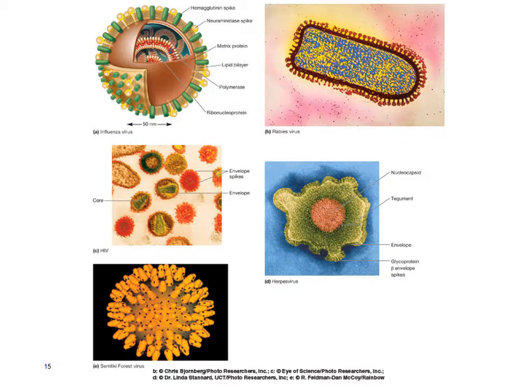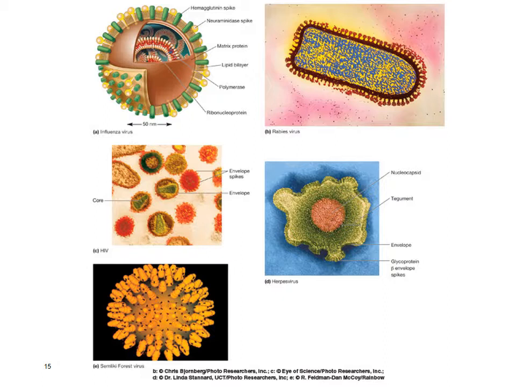Here we have some examples of enveloped viruses. In A, we have a schematic of the influenza virus, a very well studied example of an enveloped virus. The spikes project about 10 nanometers from the surface of the envelope at 7 to 8 nanometer intervals. Some of these spikes possess the enzyme called neuraminidase, which functions in the release of the mature virions from the infected host cell.